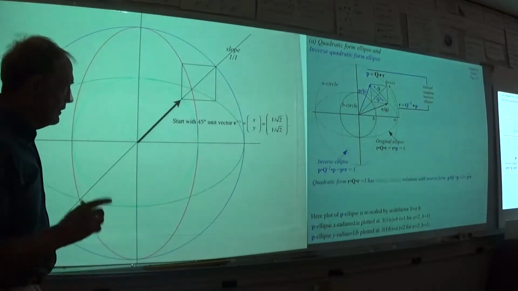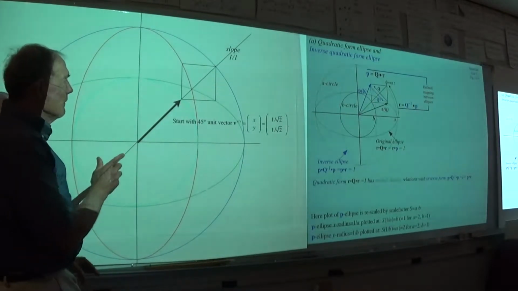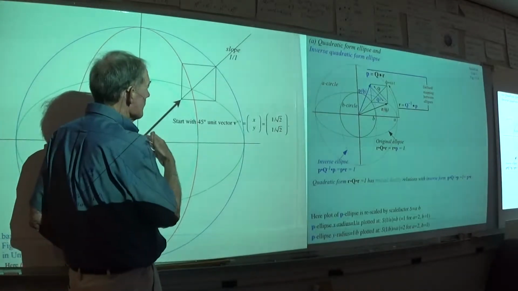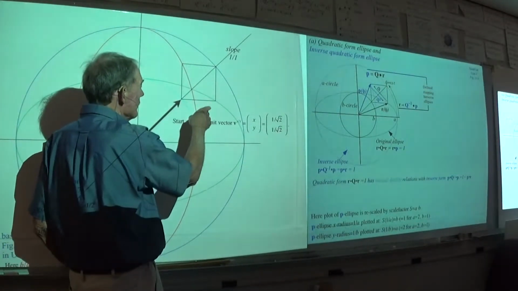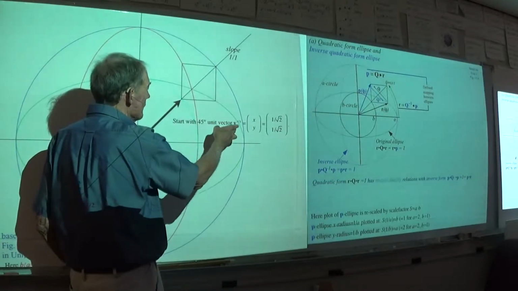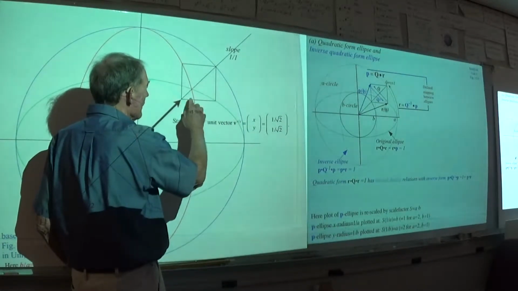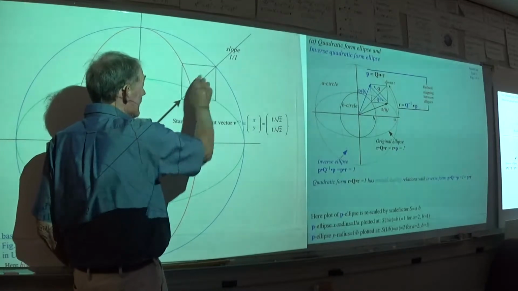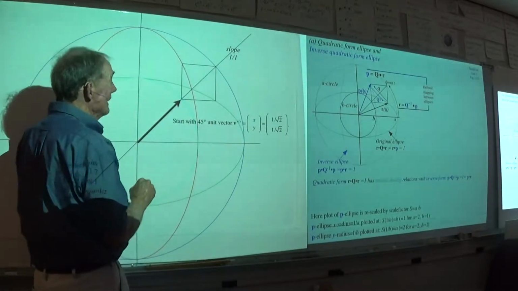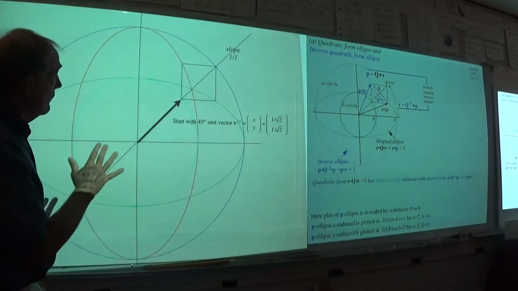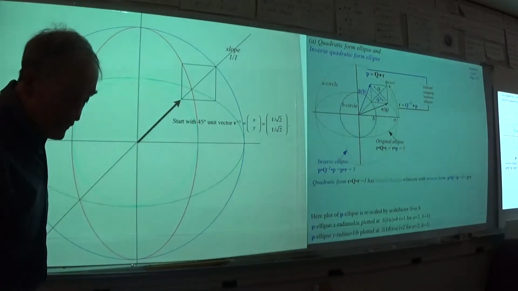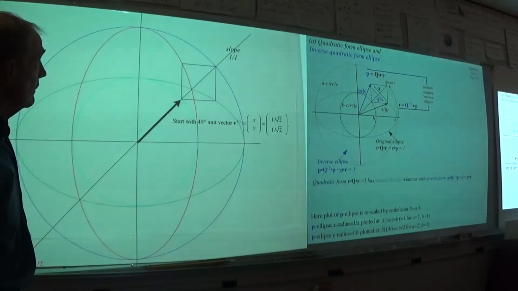This zigzag construction, where I start with something of an arbitrary slope, I have to pick 45 degrees, but I've got an ellipse, and I've got another ellipse that I get by drawing the rectangles the other way. That's the connection between the r and the p ellipse, and this can be continued.